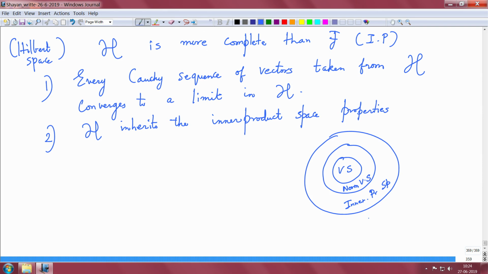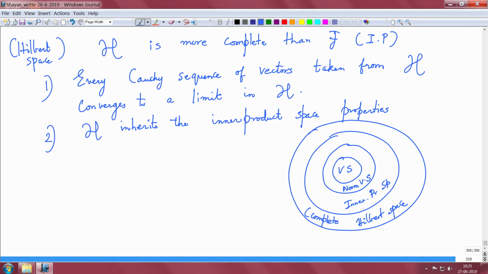And you consider a sequence of vectors in the inner product space. They have to be convergent, and a Cauchy sequence of vectors taken from this space should converge to a limit which also belongs to that space, and that is this Hilbert space, which I would say is a complete space.